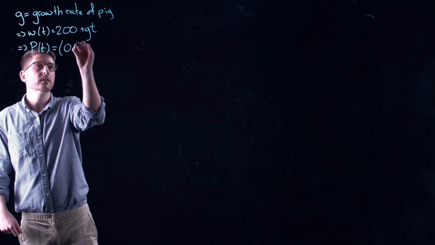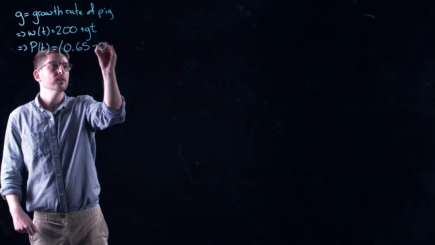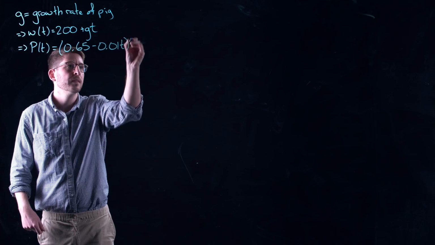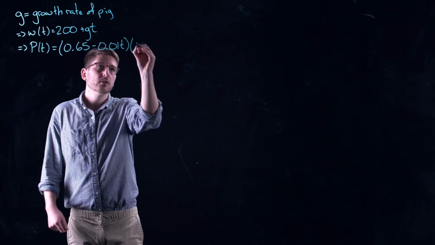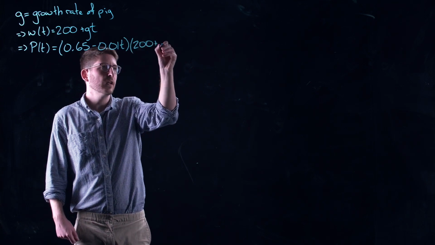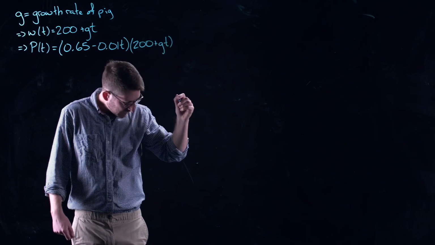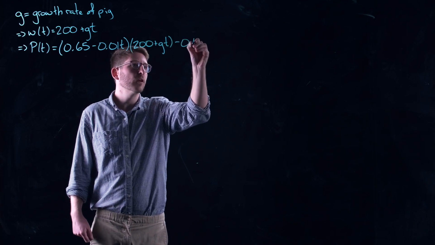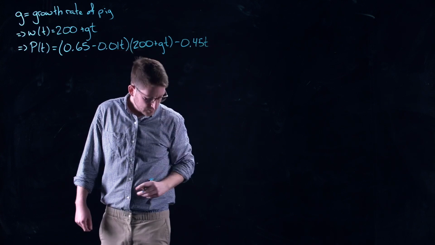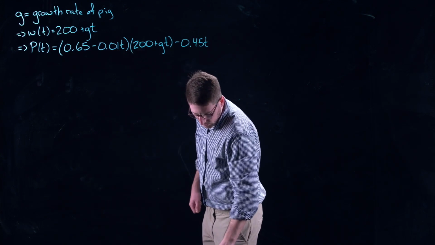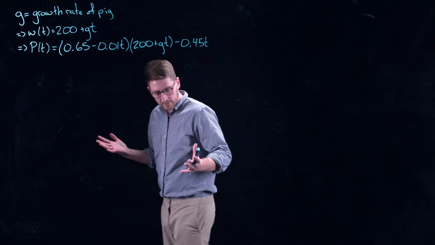Let's do 0.65 minus 0.01 t, and then the weight, 200 plus gt, and then minus 0.45 t.